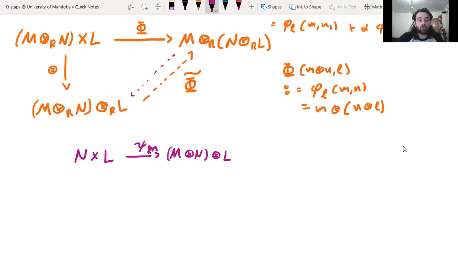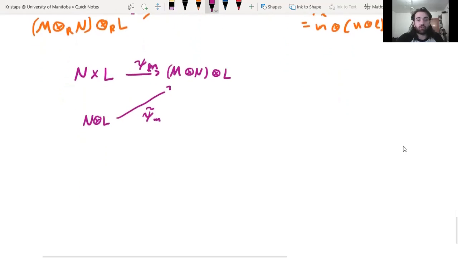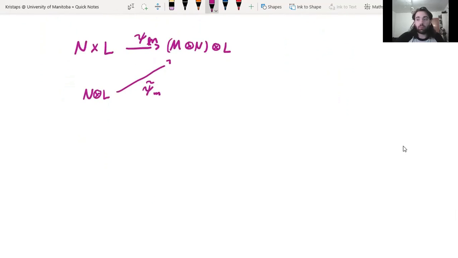And then, of course, from the universal property of tensor products, this is going to induce for us a map from N tensor L into here, which we call phi tilde sub M. And then again, repeating steps of this process, we'll now define a new map from M cross N tensor L, which we'll call capital psi, in the exact same way.